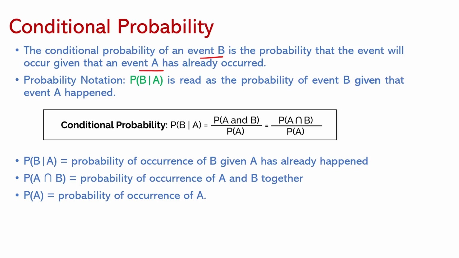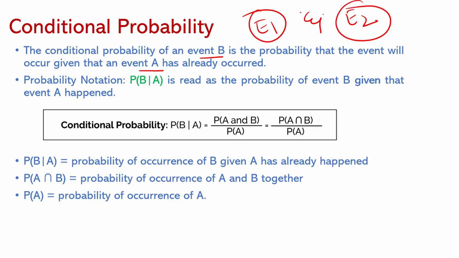See here, let's say there are two events E1 and E2. When the happening of an event E1 depends upon the happening of another event E2, then the probability of E1 is called conditional probability, because for this event to happen, it is depending on another event to already happen.